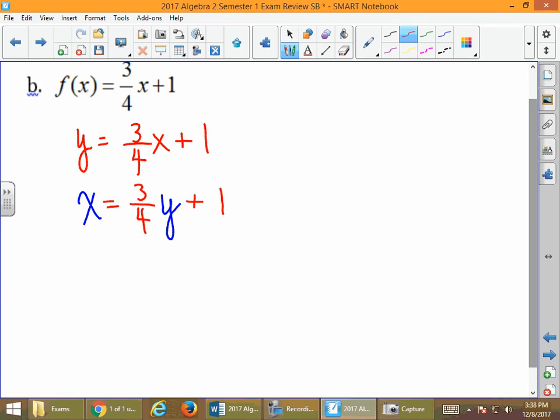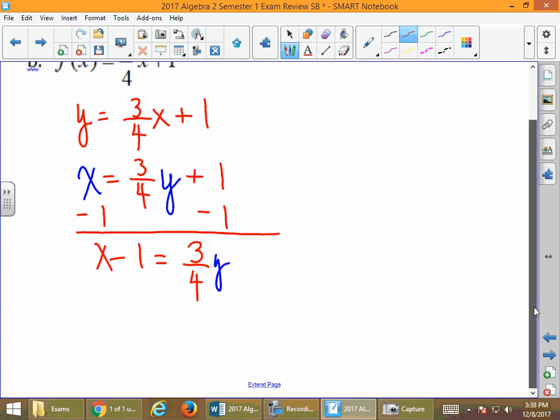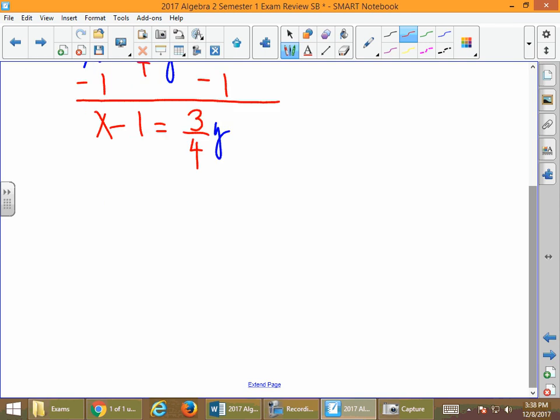Now be careful on this one, because that fraction sometimes confuses students, but I hope that we can help you here with this video. Our first step is, let's subtract 1 from both sides. And we have x minus 1. But over here on the right side, we still have 3/4 times y. I'm going to do this process in 2 steps.